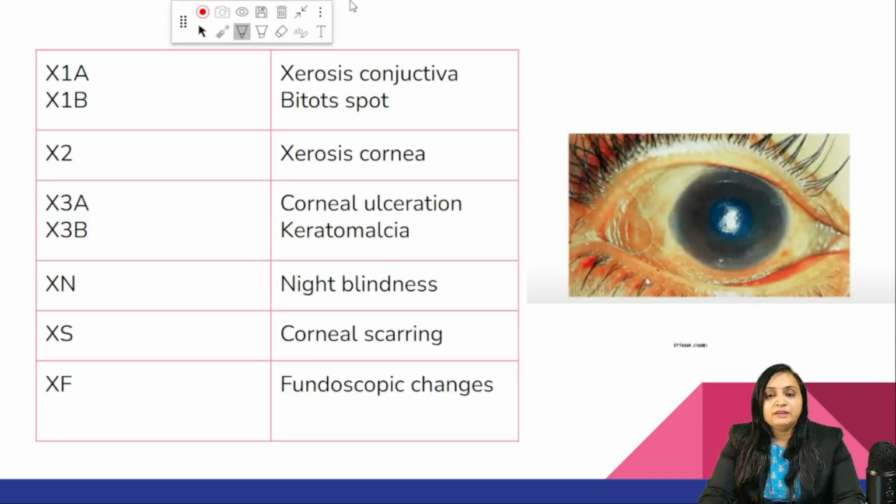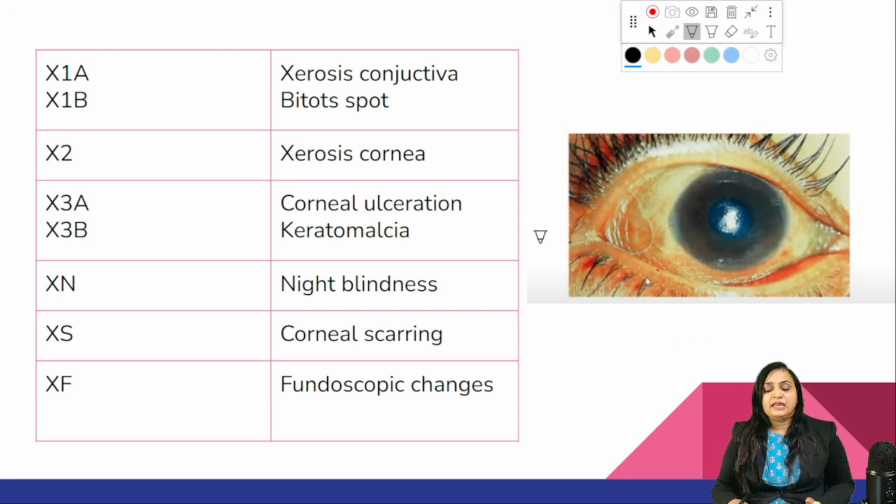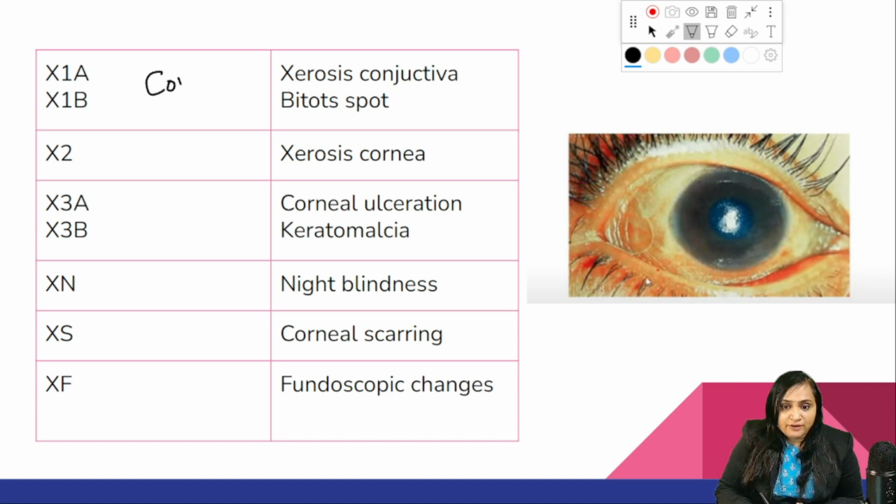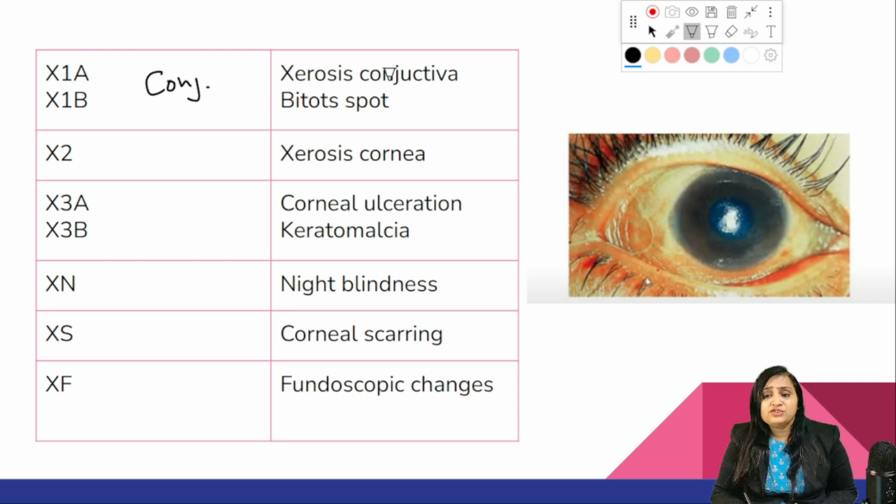So how to remember the classification of vitamin A deficiency? We have to remember that A is for conjunctiva. So in 1A there will be just dryness of conjunctiva. In 1B, remember B stands for Bitot spots. So 1B is for Bitot spots, 2 is for cornea.